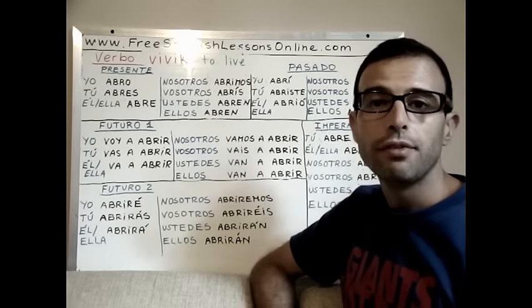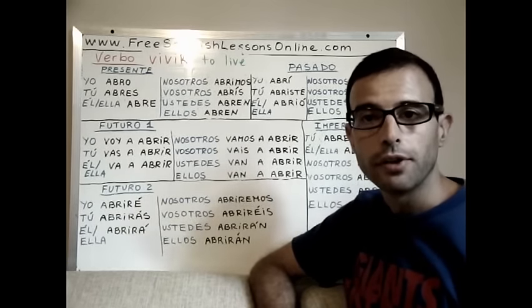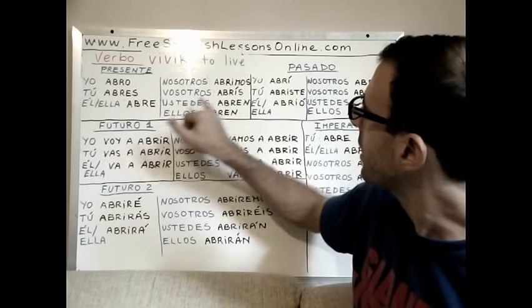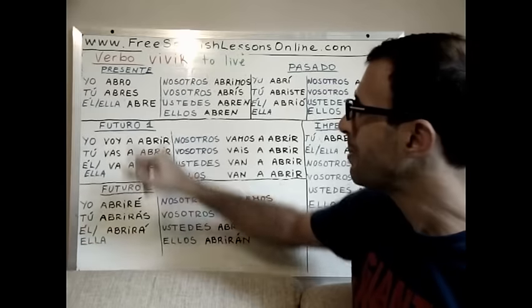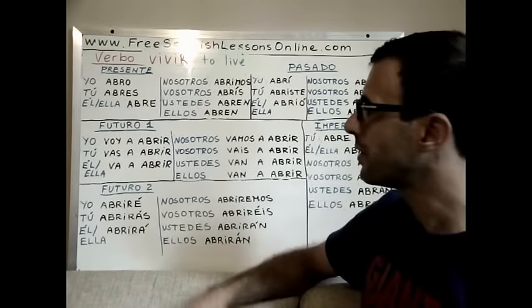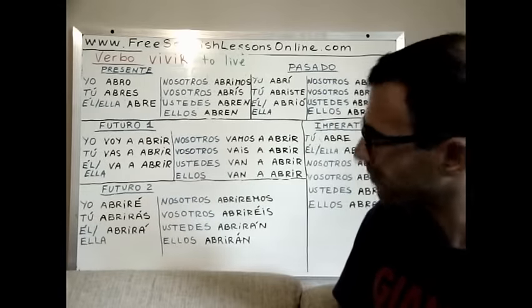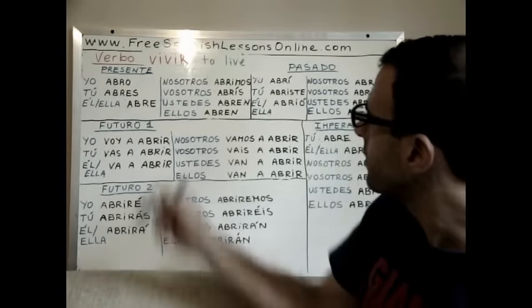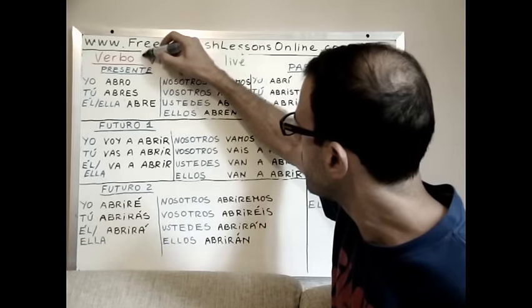So, if vivir is also a regular verb, then we should be able to recycle the same ending for all these conjugations, right? So let's do it. Here, the root of the verb vivir would be this, okay? Viv.